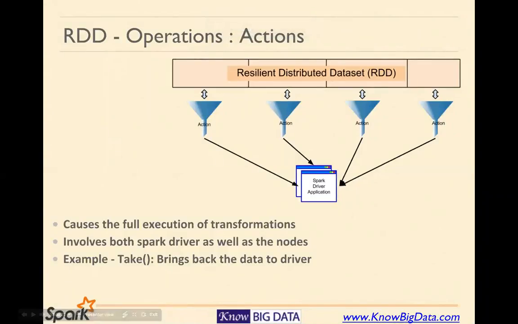All right. So an action causes the full execution of the whole chain of transformations that have led to it. An action involves both the Spark driver as well as the nodes.